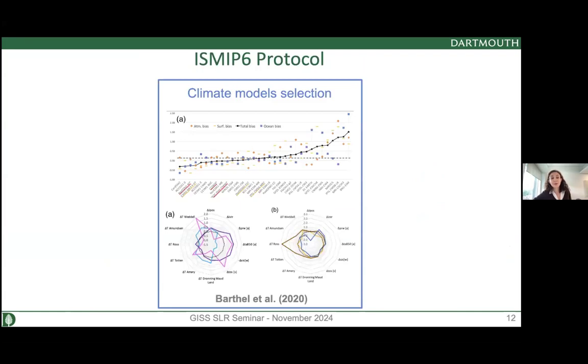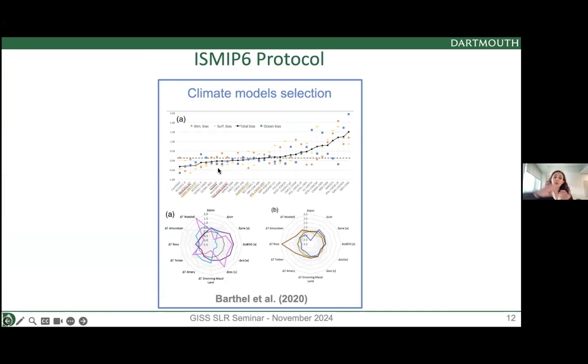So the first thing is that we want to use forcings from climate models, and so we have to select them. How do you select them? Well, same as ice sheet models, climate models have different strengths and weaknesses, so we want to use climate models that capture polar conditions relatively well. And so we looked at atmospheric temperatures above the Antarctic ice sheet, ocean conditions in the Southern Ocean, and from that, we kind of ranked the models according to their ability to capture conditions today.